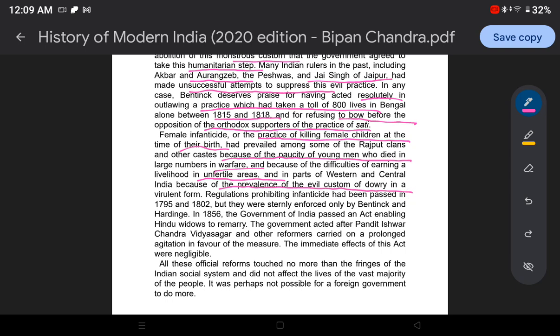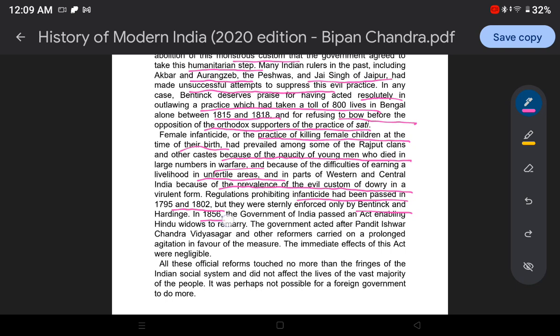Regulations prohibiting infanticide had been passed in 1795 and 1802, but they were sternly enforced only by Bentinck and Harding.